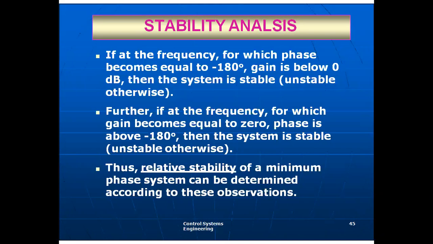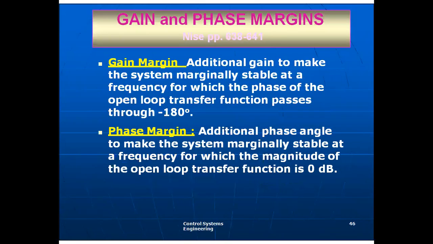Based on that, the system can be stated as stable or unstable. As we already discussed, gain margin is the additional gain to make the system marginally stable at a frequency for which the phase of the open loop transfer function passes through -180 degrees. Whereas phase margin is the additional phase angle to make the system marginally stable at a frequency for which the magnitude of the open loop transfer function is 0 decibel.